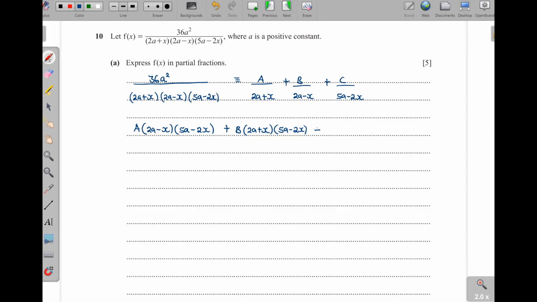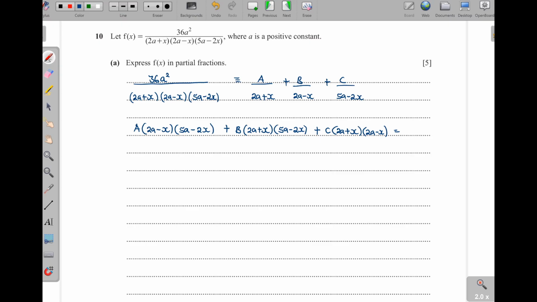Let me even extend this one here. The next, of course, when you divide this by this, that means this whole thing will cancel with this, and then you remain with these 2. So those are the ones you're going to multiply with C. And then you have 2a plus x, then 2a minus x.